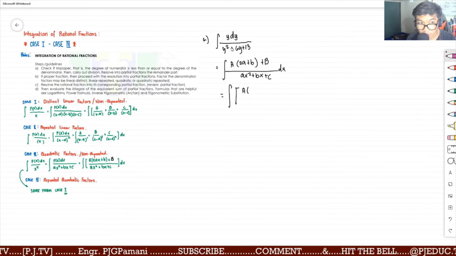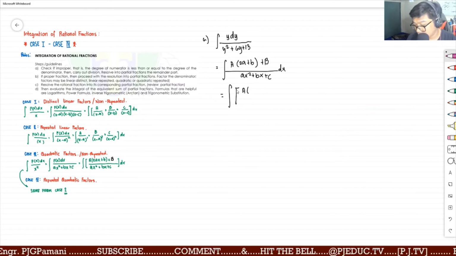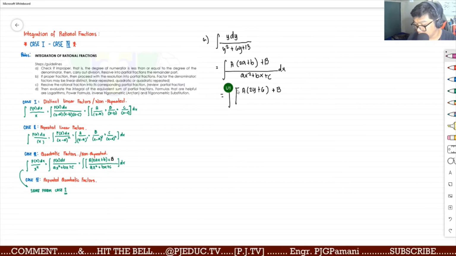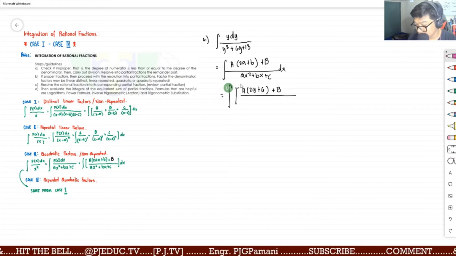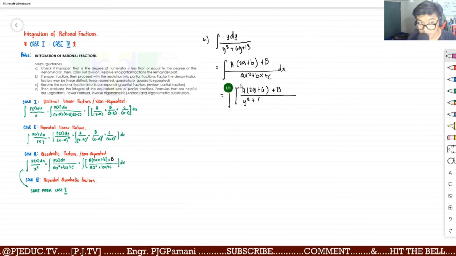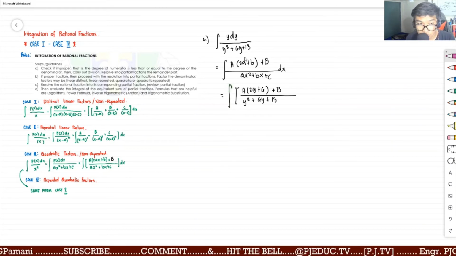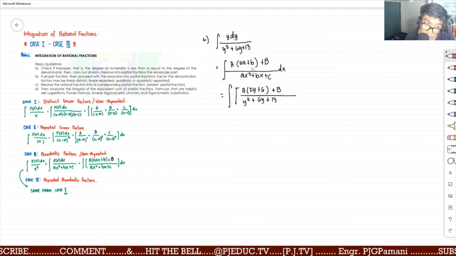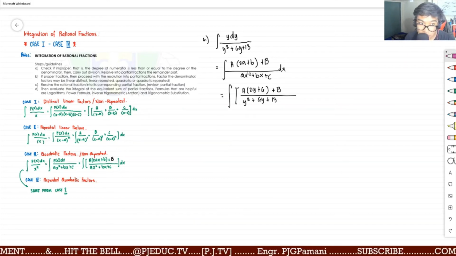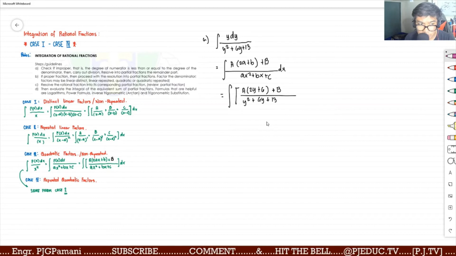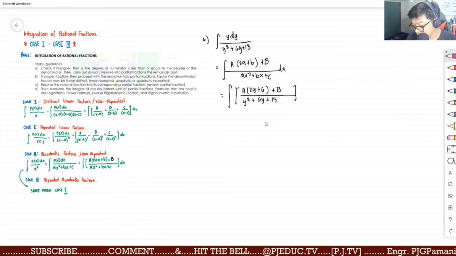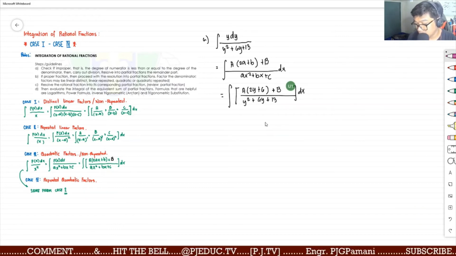Non-quadratic. 2y plus 6 plus b over y squared plus 6y plus 13. Tama ba? 2y plus 6 plus b over y squared plus 6y plus 13 times dx. Compare both sides.